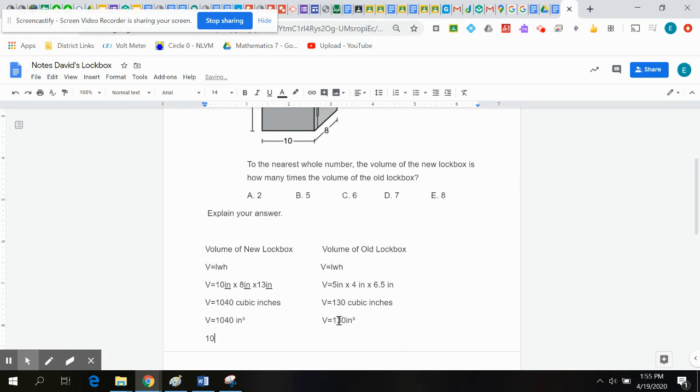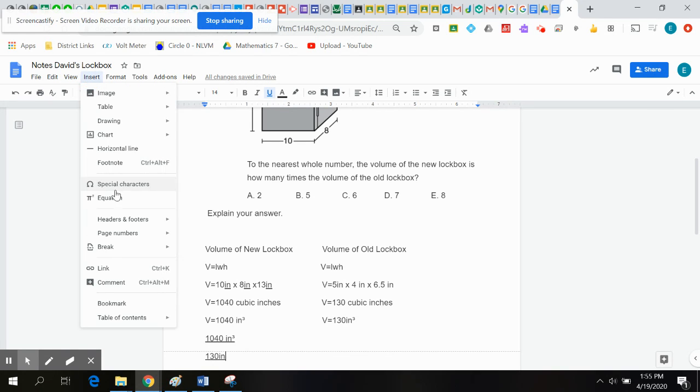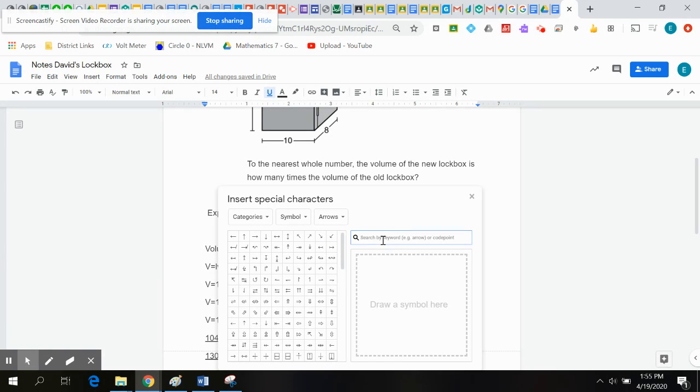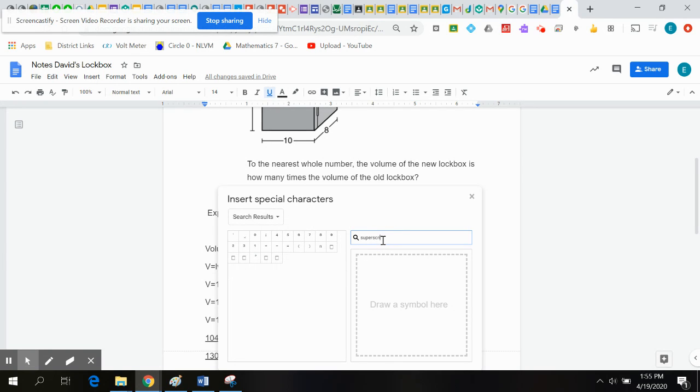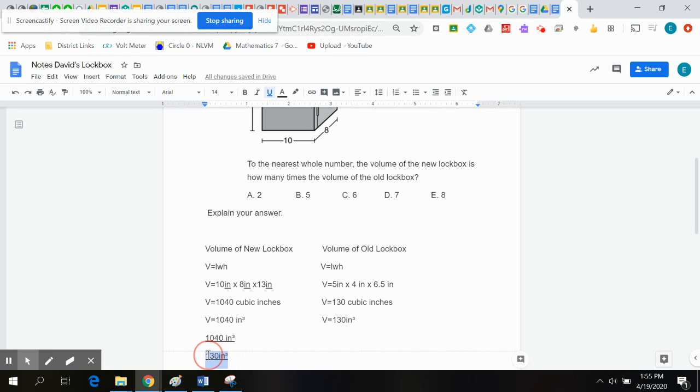So 1,040 inches cubed divided by, so let's divide it by, so we can underline. We've learned that we can use underline to represent division. 130 inches. I should have cut and pasted, but I didn't.